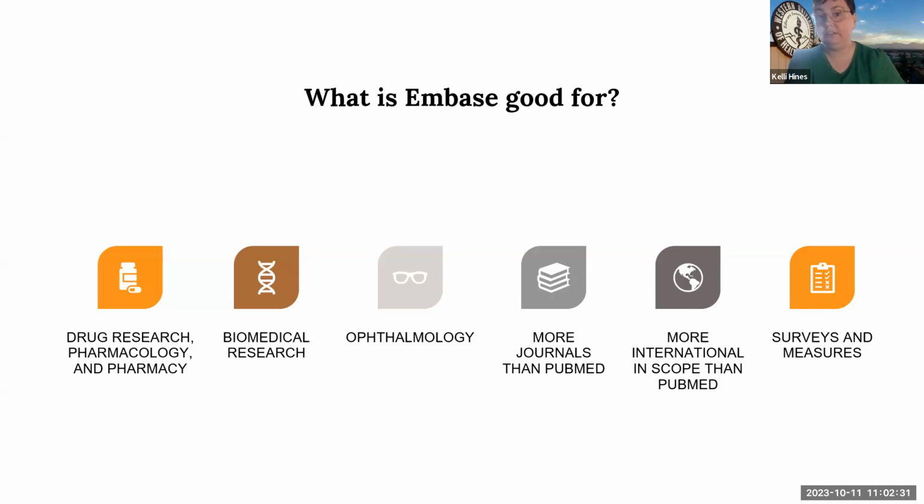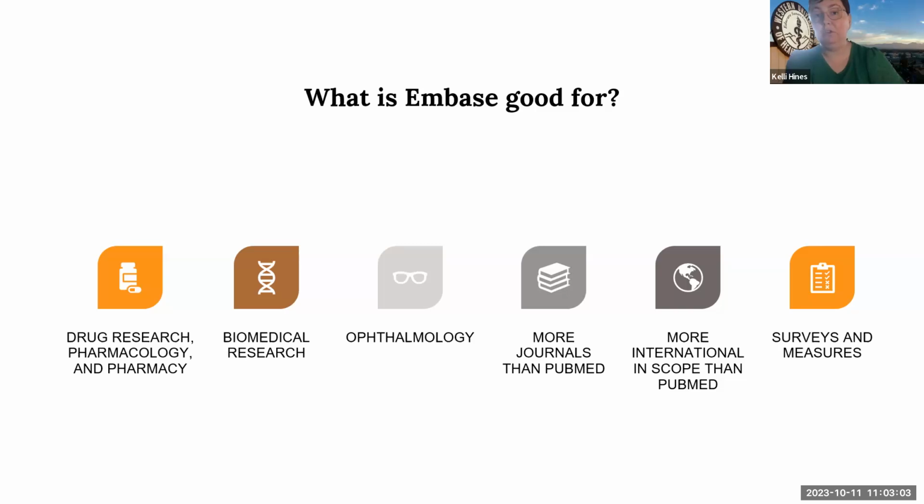My colleague in the School of Optometry has found it very useful for ophthalmology, particularly because EMBASE tends to be a little bit more international in scope than PubMed, particularly in its coverage of Asian, African, and South American countries. So you can find things like neglected tropical diseases, and also ophthalmology. It also has more journals indexed in it than PubMed.